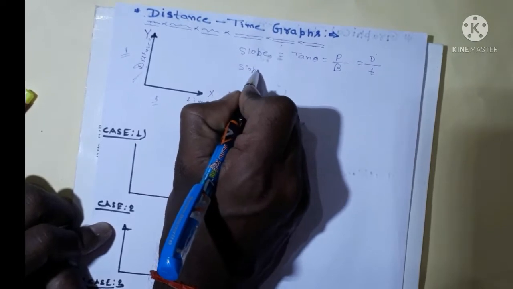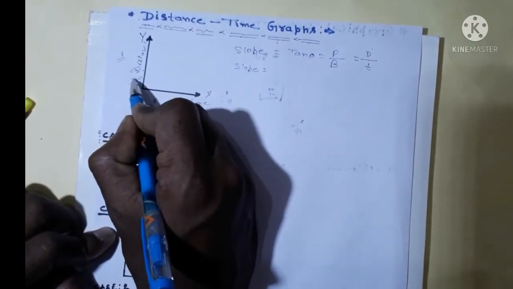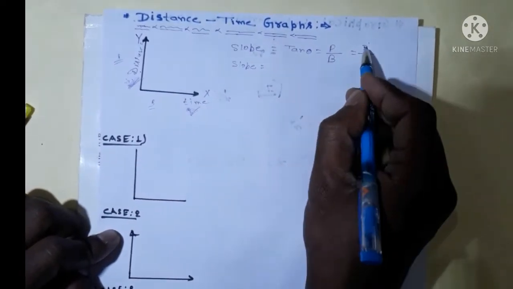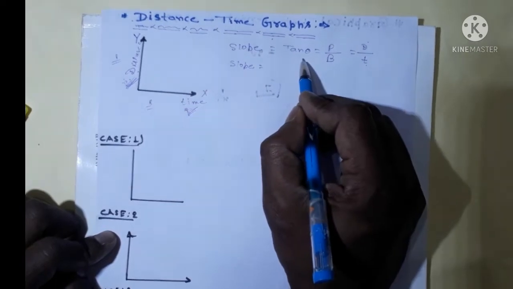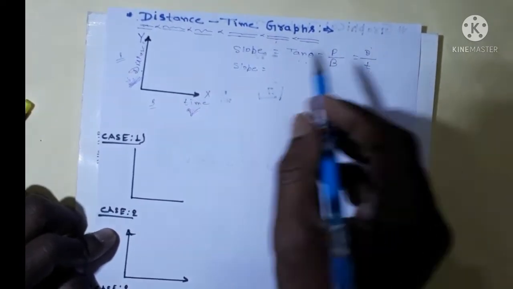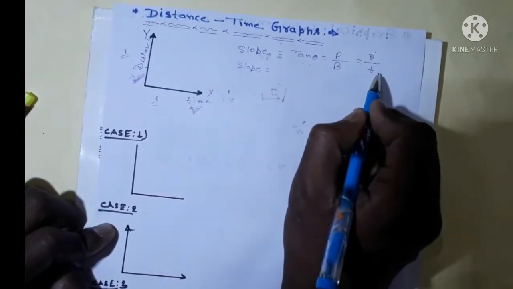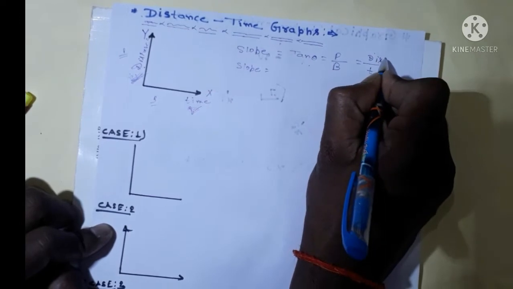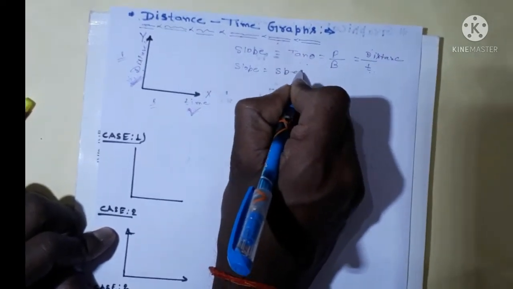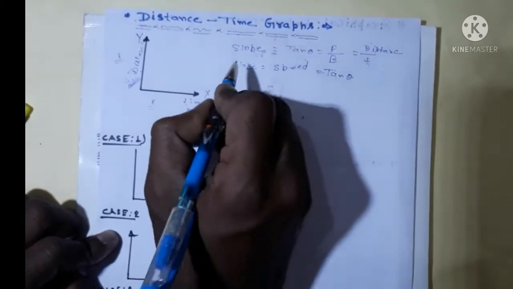The y-axis represents distance and the x-axis represents time. So slope is equal to tan theta is equal to perpendicular by base, perpendicular is distance and base is time. So distance by time is equal to speed, is equal to tan theta.